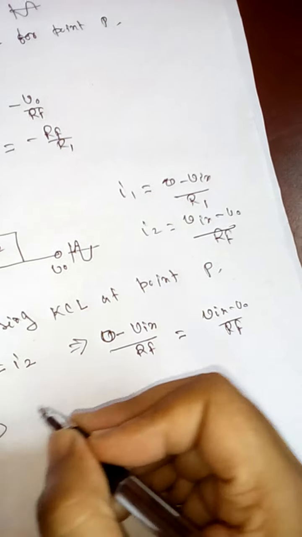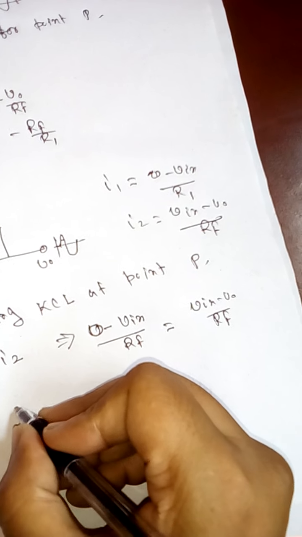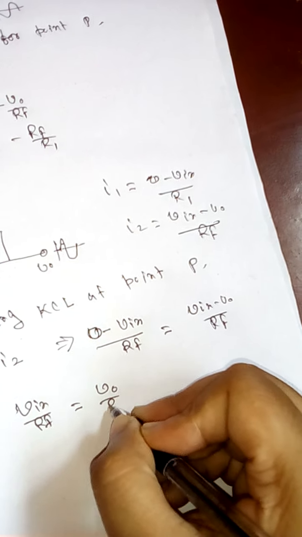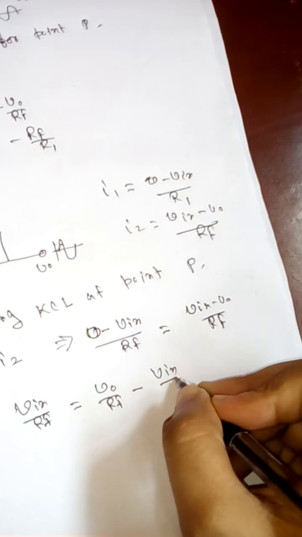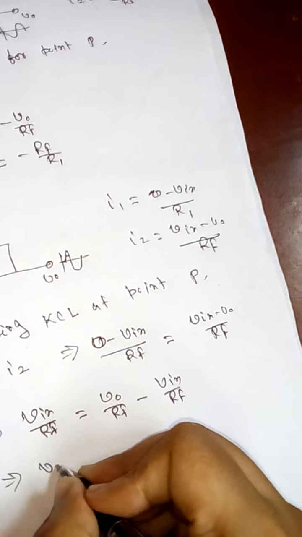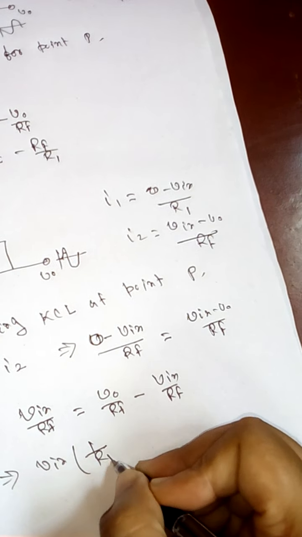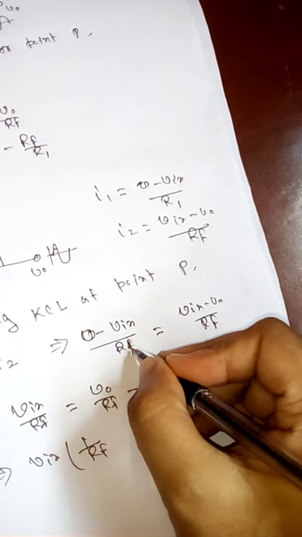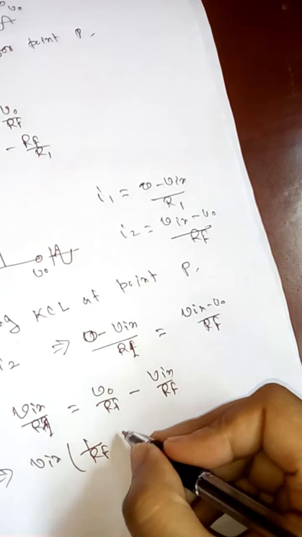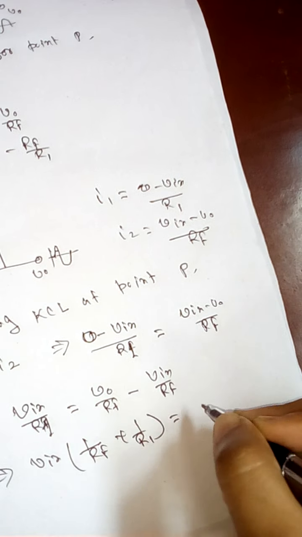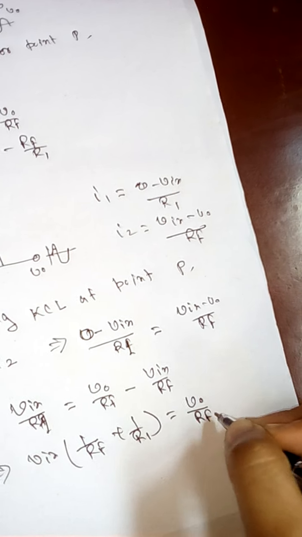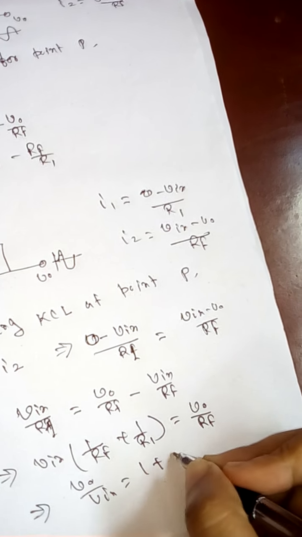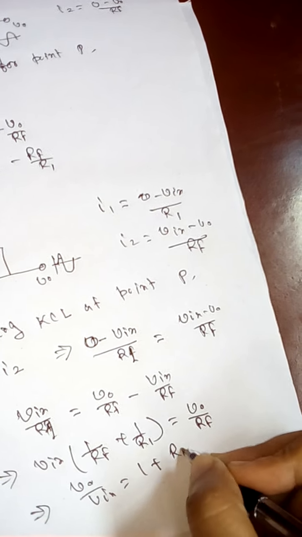If we calculate, we get Vin by R1 equal to V0 by RF minus Vin by RF. Taking Vin common, 1 by RF plus 1 by R1 equals V0 by RF. So V0 by Vin we get 1 plus RF by R1.